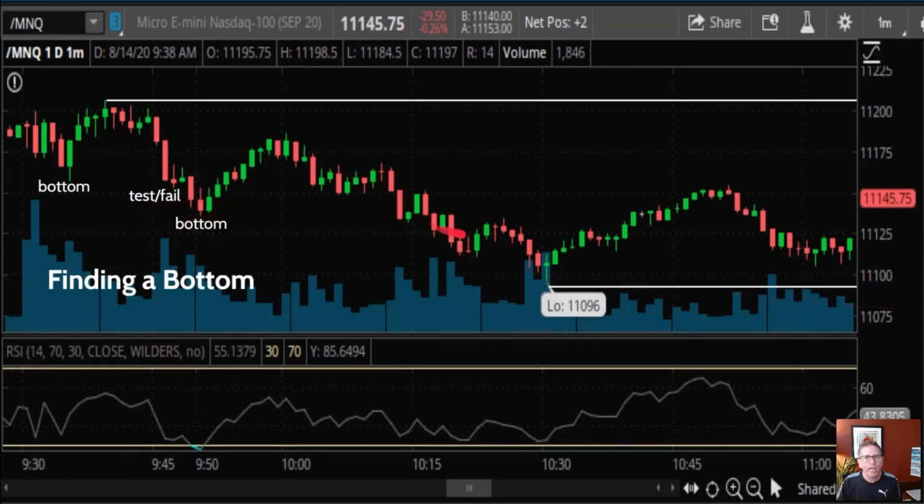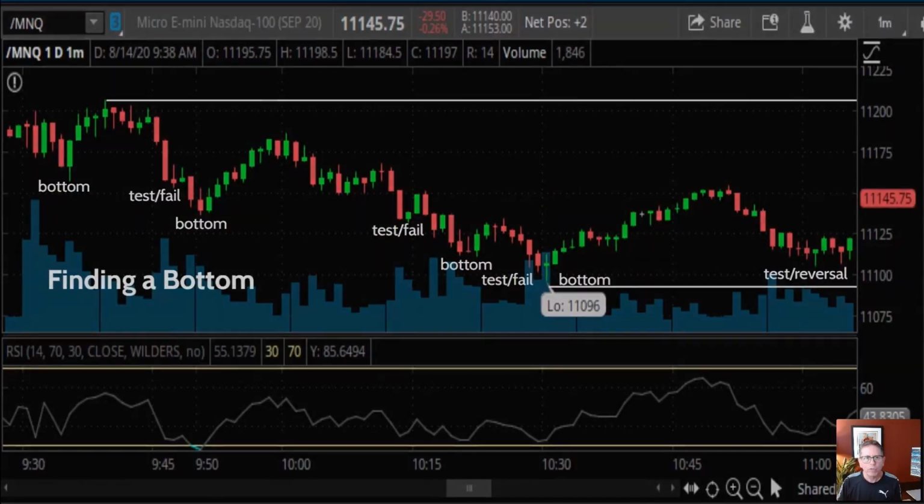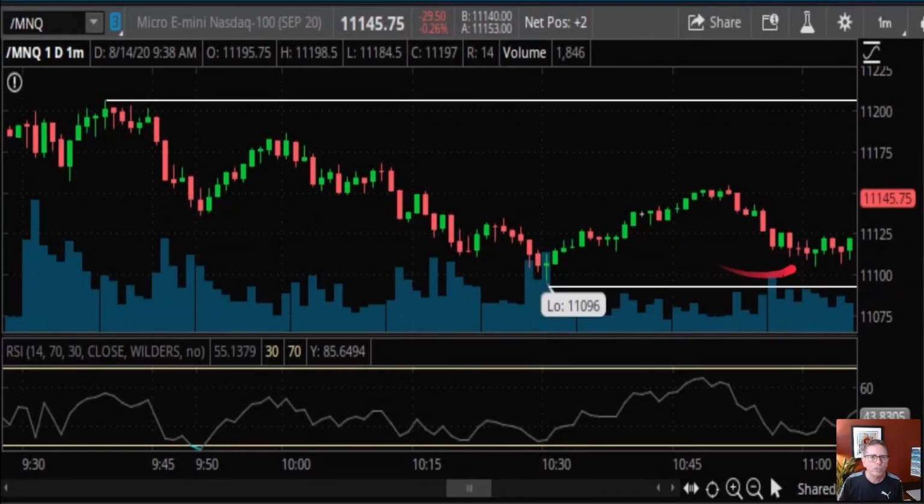Now what happens is we have another bottom tested, it failed, and again, another bottom that's tested and failed again. Now finally, we got a bottom here, right? The market went up, but it didn't take out the low. Now we've got a reversal, and the market now started going up.